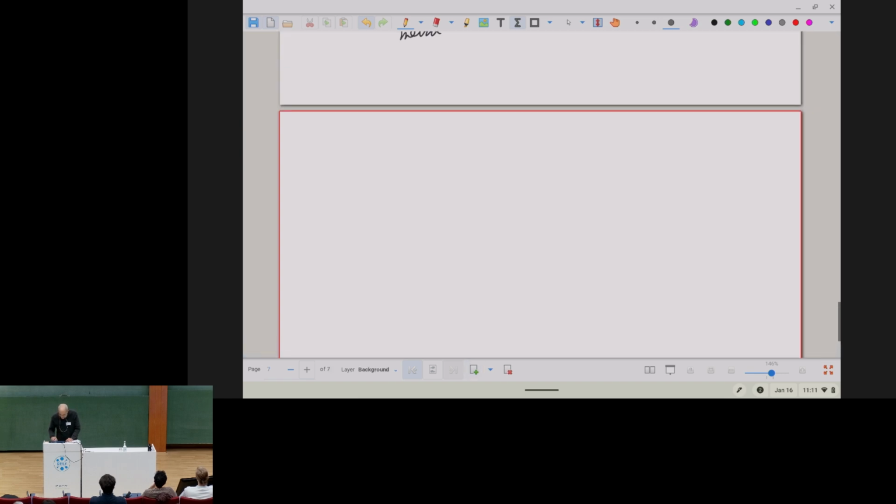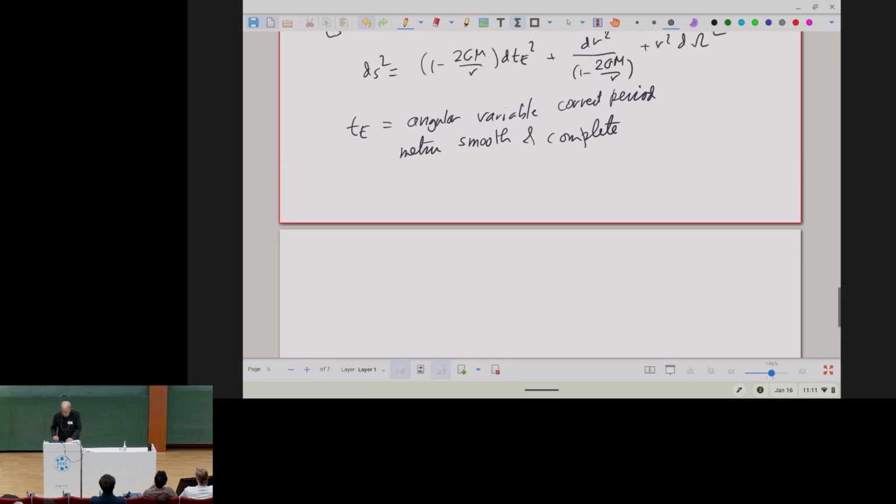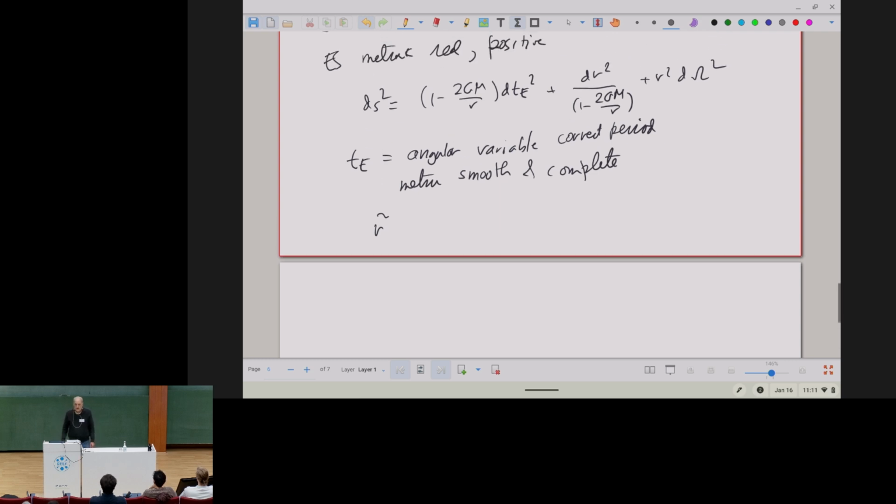Now, to see that, we need to zoom in on the region near r equals 2GM, where the metric is obviously nice, except at r equals 2GM, but at r equals 2GM, the coordinates we're using are actually not good, as you'll see in a moment.